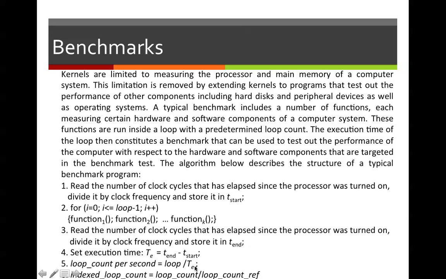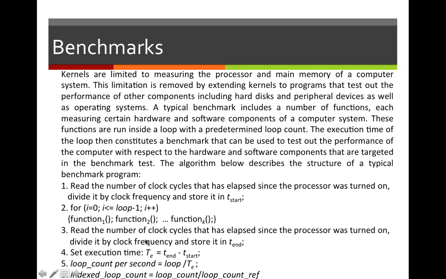If TE becomes small, then your loop count increases. So the loop count is basically how many rounds of these calls you're able to do. And that's kind of like the amount of work you produce per unit time. Like, how many times you were able to go through this in this TE time.